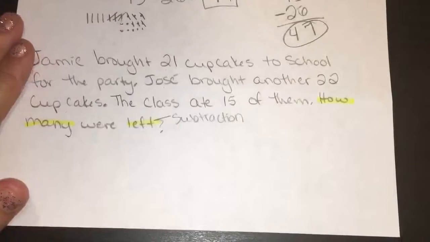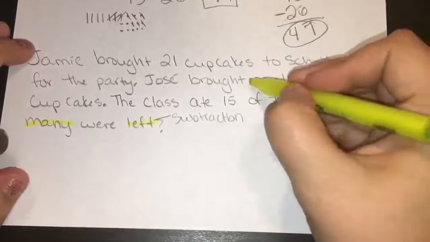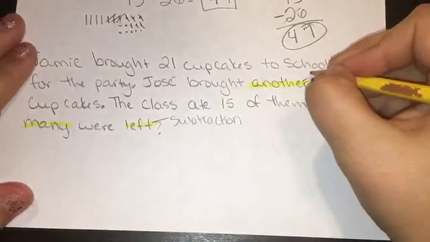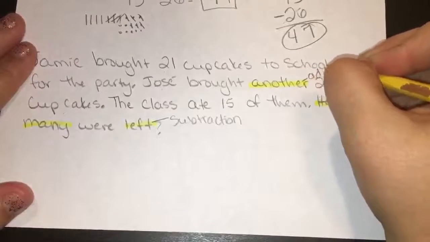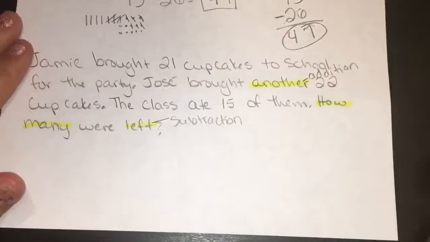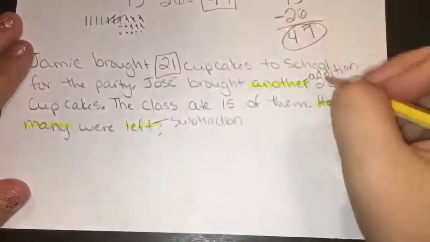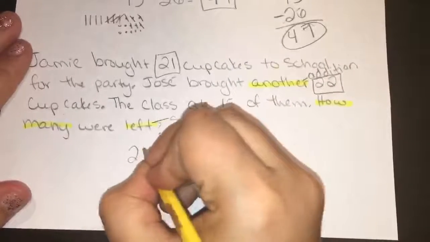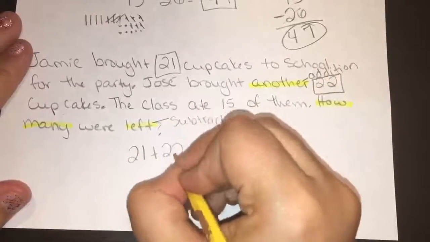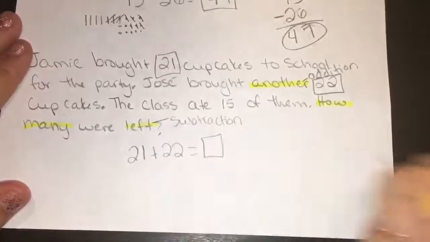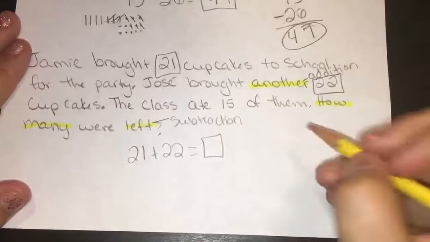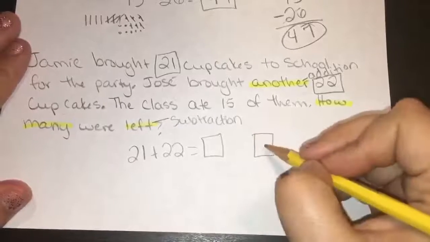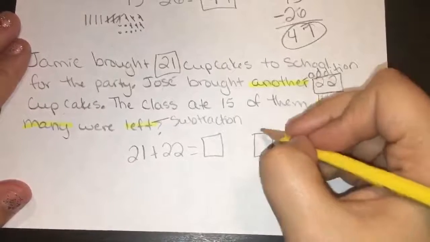Now look here. Here's another keyword. Another. Another means addition. That means there was more. So let's box our first two numbers because we know we are adding 21 plus 22. Now, we will also be finding out, this is our unknown.